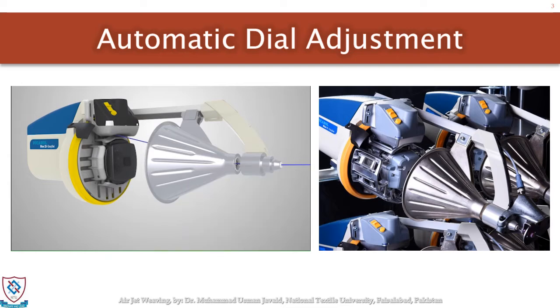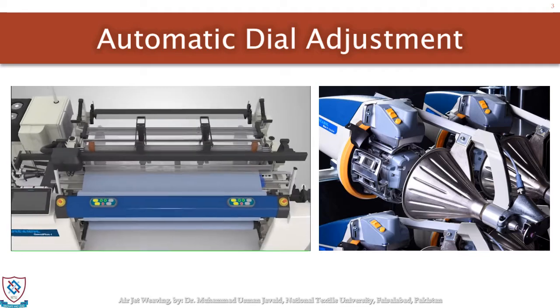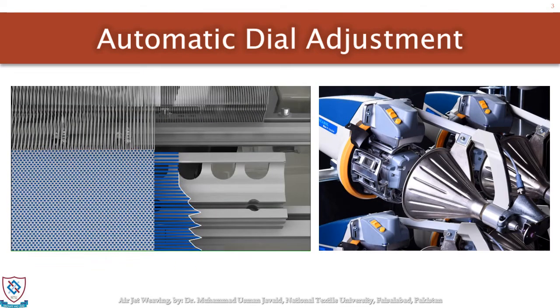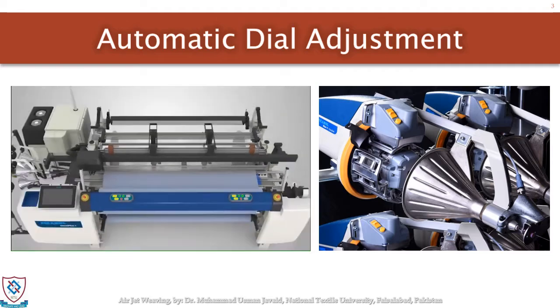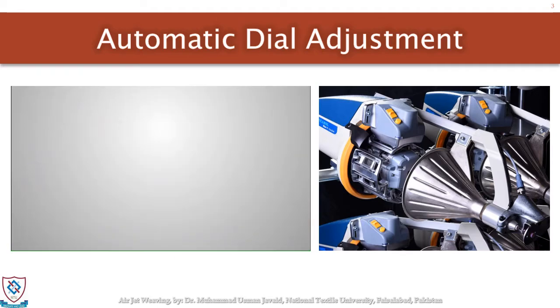You can see over here that the dial is automatically adjusted, and this automatic adjustment helps us fix the variation in length. The extra weft that would be cut and wasted is prevented, and the length of the weft can be adjusted from the main panel of the machine.